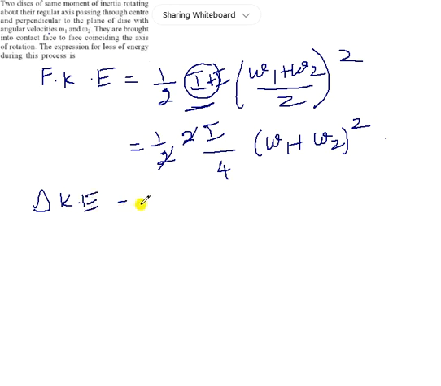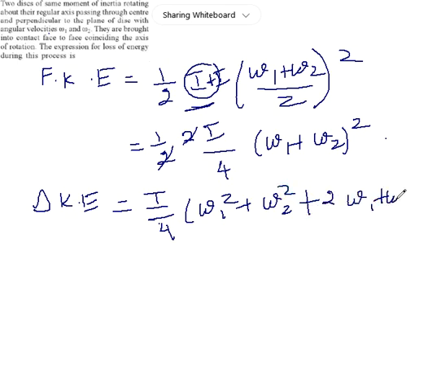Now the change in kinetic energy is nothing but the final kinetic energy minus the initial kinetic energy. So the final kinetic energy is I divided by 4 into omega 1 square, I am expanding it, plus omega 2 square plus 2 omega 1 omega 2. Now this whole term is over.